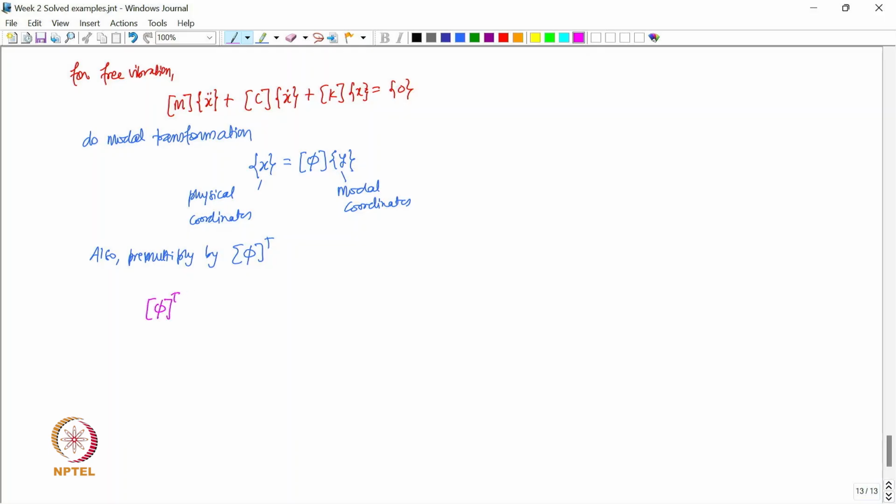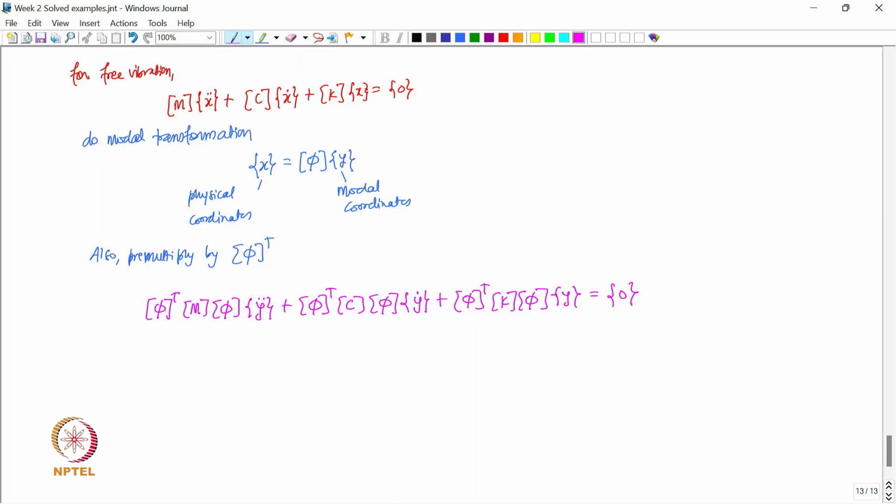You get phi transpose M phi y double dot plus phi transpose C phi y dot plus phi transpose K phi y is equal to 0. That is what we get. And then we also studied in the lecture classes the orthogonality properties of the eigenvectors.